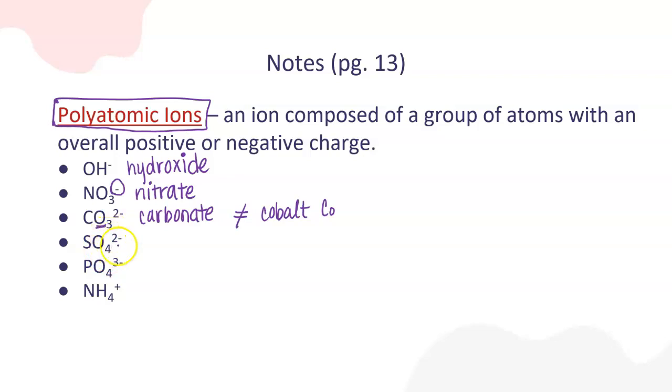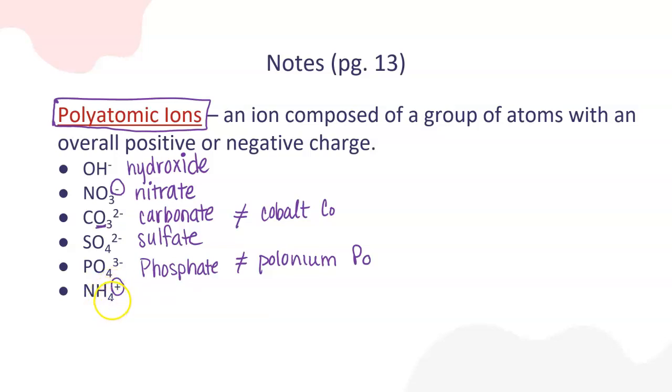SO4 with a -2 charge is sulfate. PO4 is phosphate. Again, that is not the same as polonium, which is a capital P and a lowercase o. And finally, NH4 with a +1 charge.